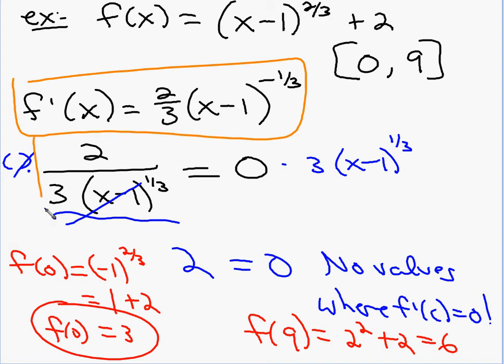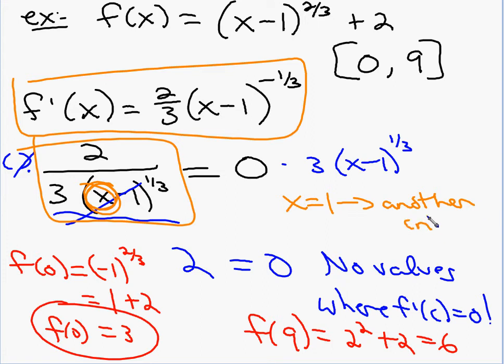And didn't we rewrite it right here? Is there a place where that derivative does not exist? 1. Okay? If I put a 1 in right here, don't I get a 0 in the denominator? So x equals 1 is another critical point.